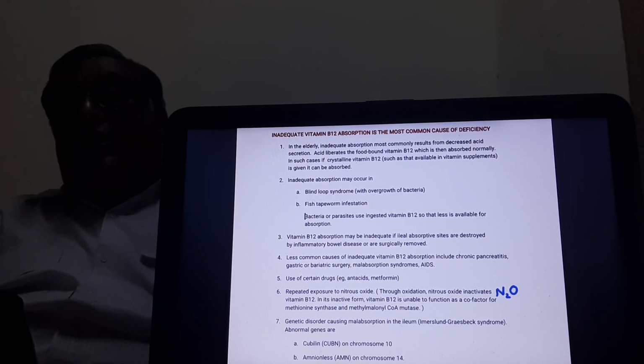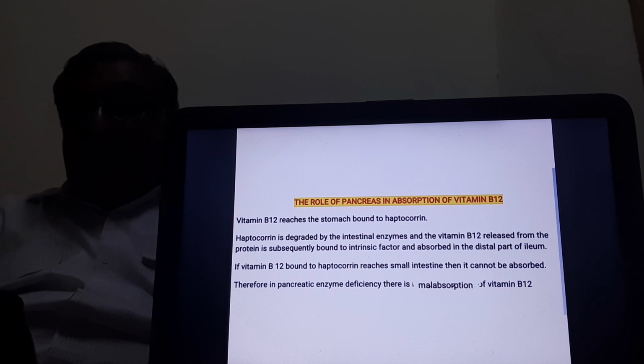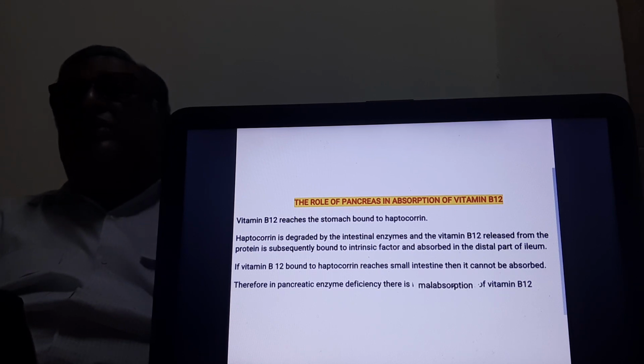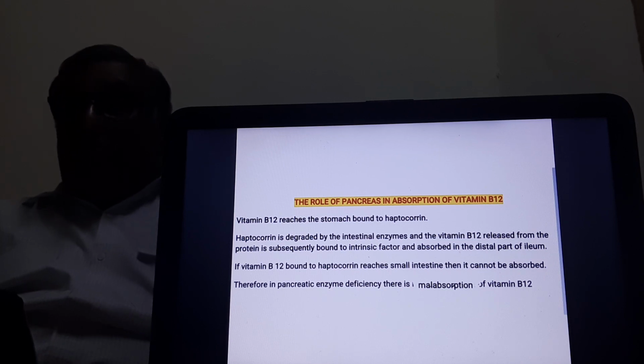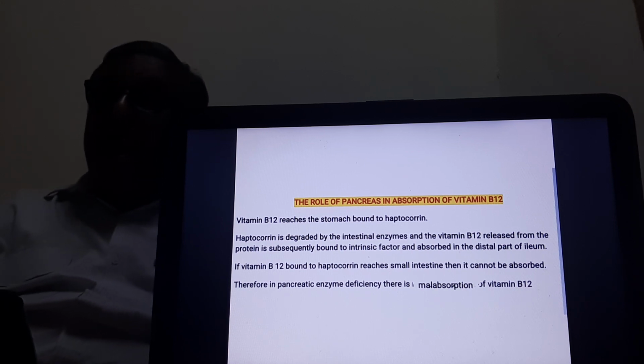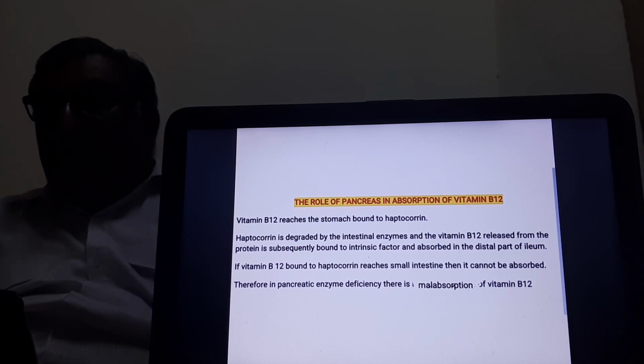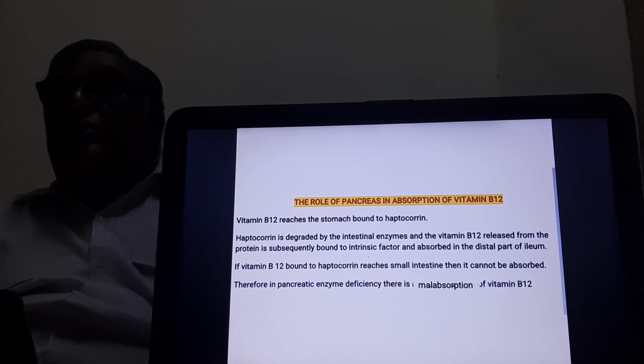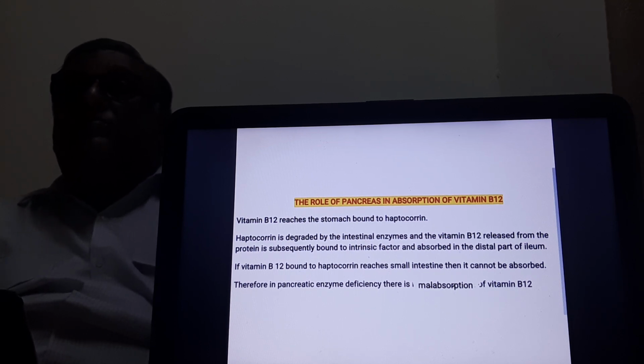Then chronic pancreatitis, and drugs like nitrous oxide, if they are used, can also lead to it, and sometimes genetic causes involving the cubilin protein and CUBN gene or amnionless and AMN gene. These can lead to a syndrome which is called Imerslund-Gräsbeck syndrome.